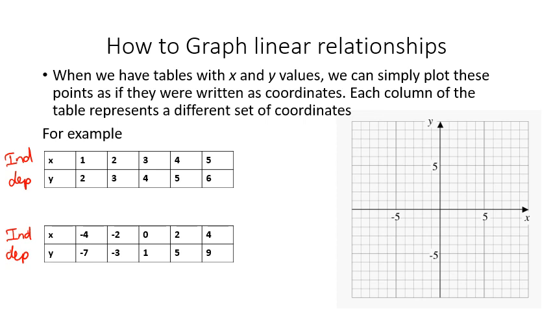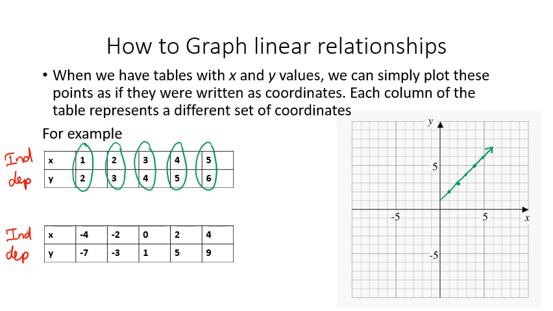of coordinates. So here's one set of coordinates, here's another set, here's another set, another set, and another set. And if I was going to plot these in green, I would simply go 1 across the x and 2 up on the y, 2 across the x, 3 up on the y, 3 across the x, 4 up on the y, and you can see my set of points here is simply creating a straight line.